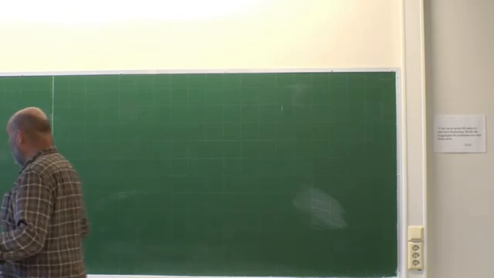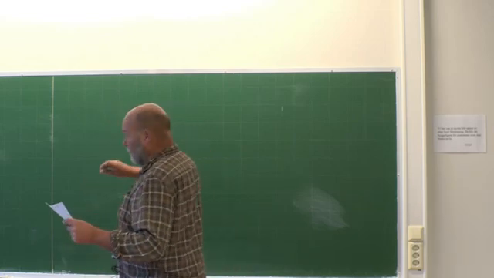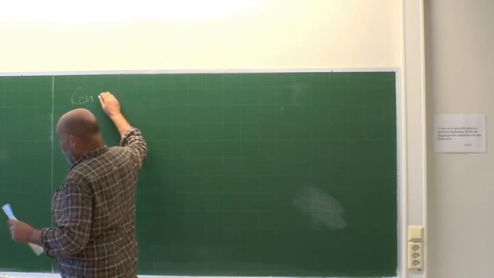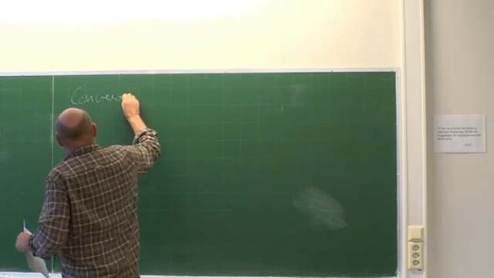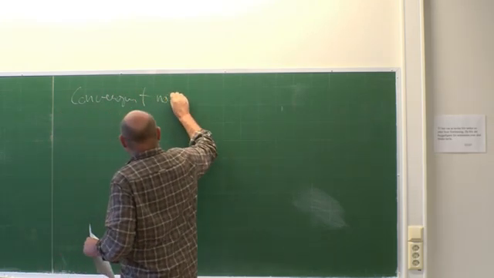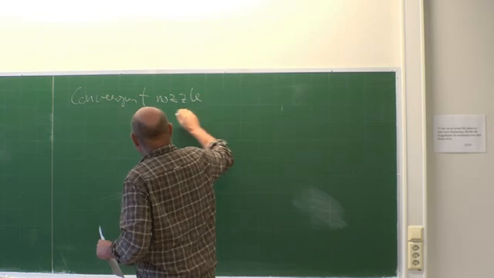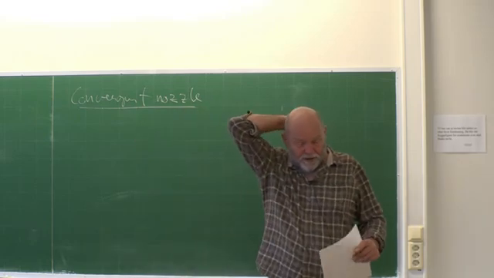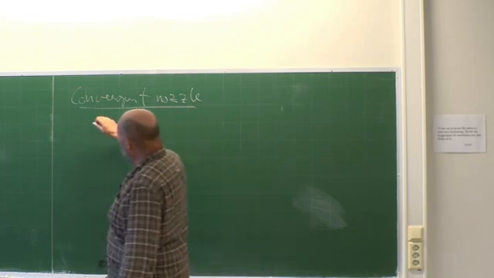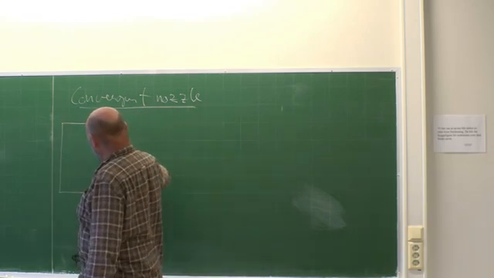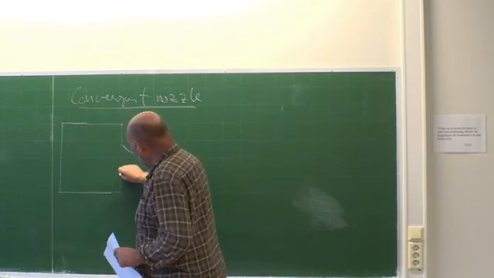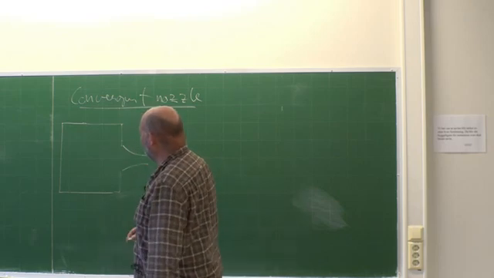I have some numbers here. I'm not going to write everything down, but so you get an idea. If you look at only the convergent part, convergent nozzle, then we have a reservoir, infinitely big, and then we have a nice little converging nozzle.